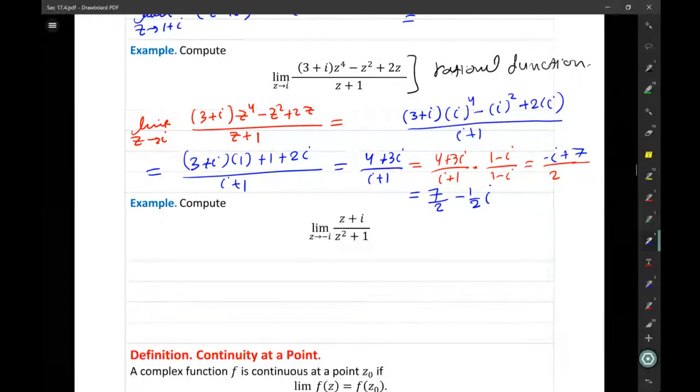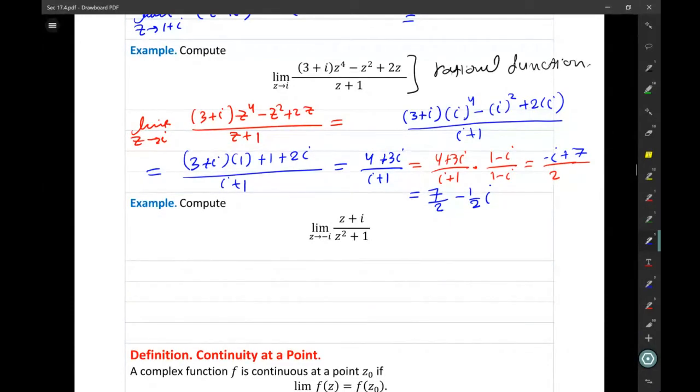Maybe you multiply by the conjugate first. Conjugate, yes, maybe. It's not a polynomial. Sorry? It is not a polynomial, right? Because it's power 1 and power 2 in the denominator.